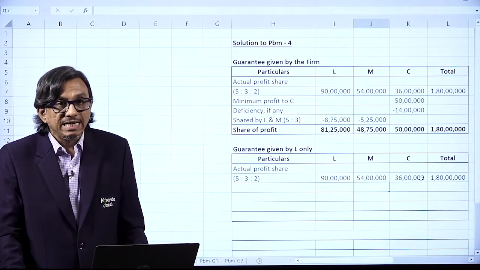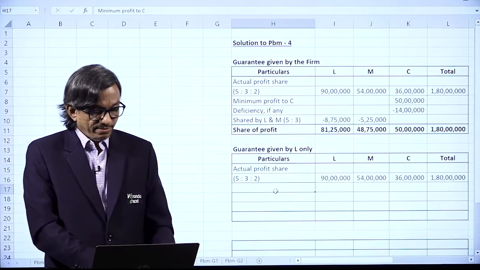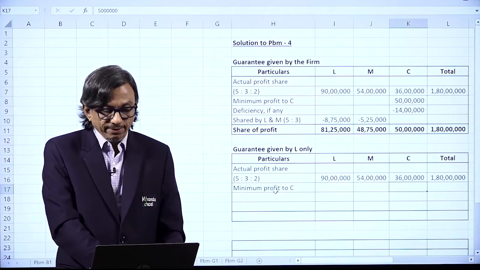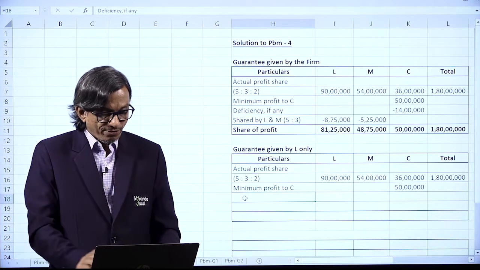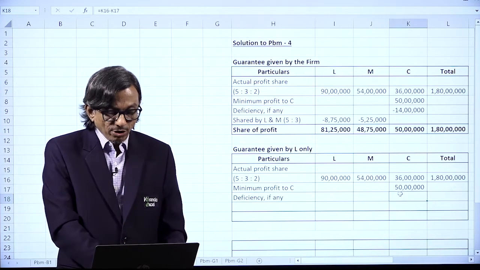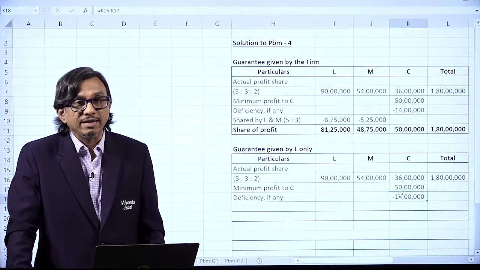But C is guaranteed minimum profit of 50 lakhs. But actual profit share comes to 36 only, resulting in a deficiency of 14 lakhs. According to the agreement, only L will bear the deficiency.